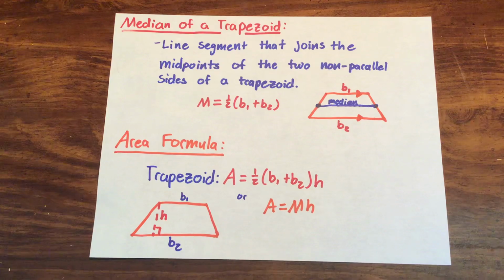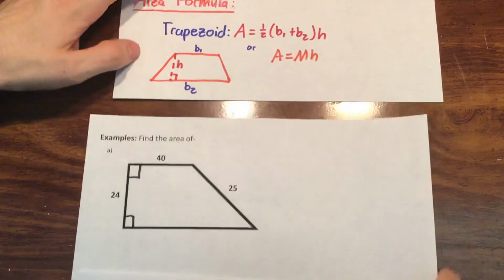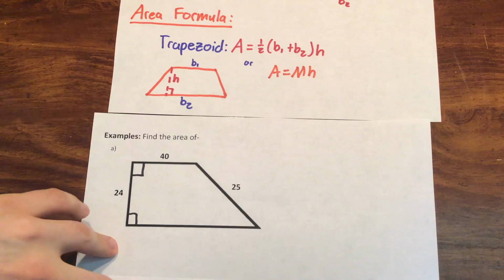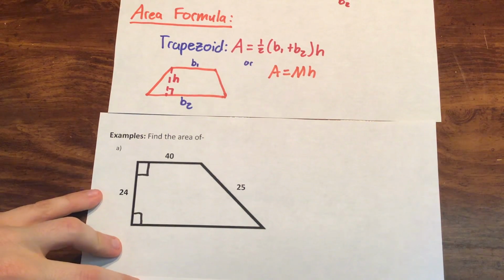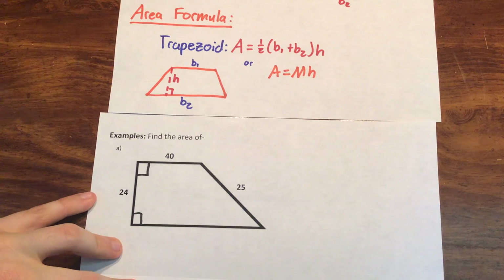Now, that's our only formula for today. So we're going to jump into some examples. Our first example for the day. We're given a trapezoid. Now, we could go about this like we did yesterday and break this up into a rectangle here and a triangle here.